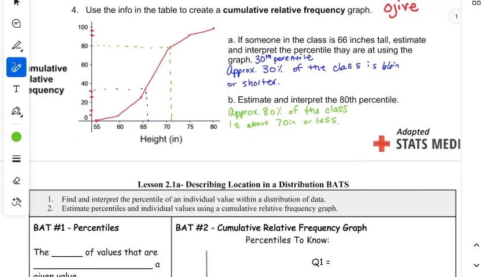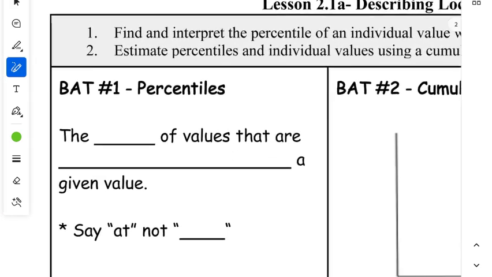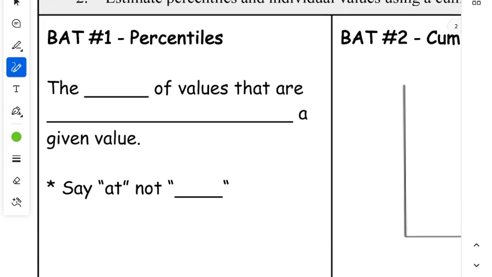Okay, so let's do a mini review over percentiles. For percentiles, it's the percent of values that are less than or equal to a given value.